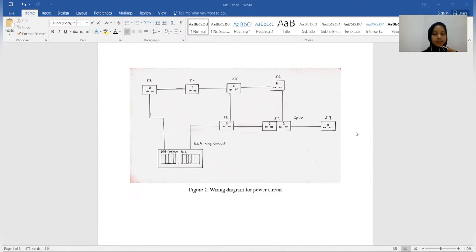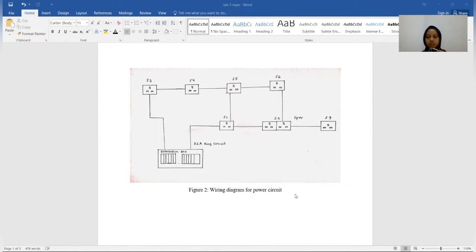As we can see, figure 2 shows a ring circuit. So why is this called a ring circuit? Because a cable leaves the consumer unit and travels to each socket on the main, and when it reaches the last socket, it then returns to the consumer unit, and thus it creates a ring.